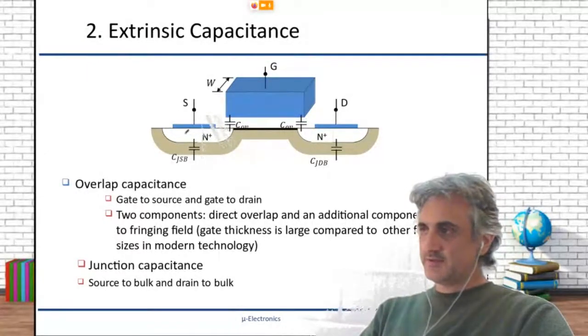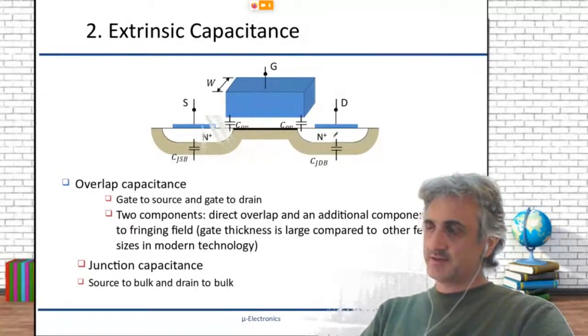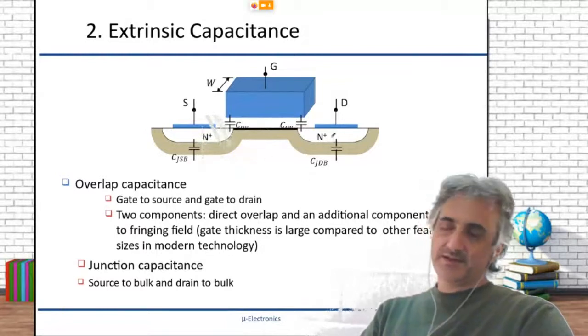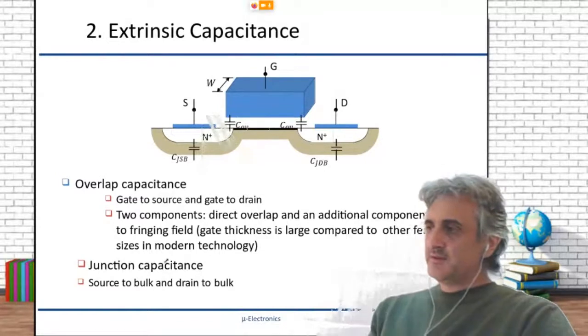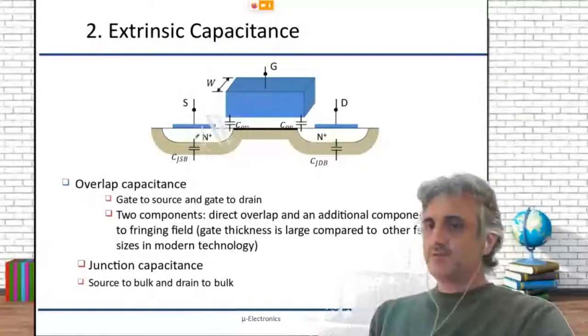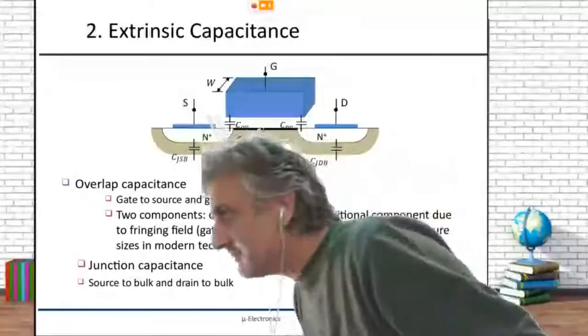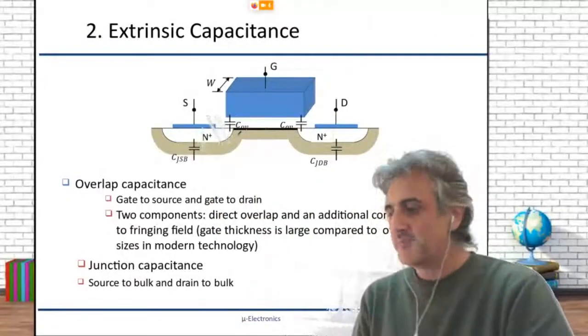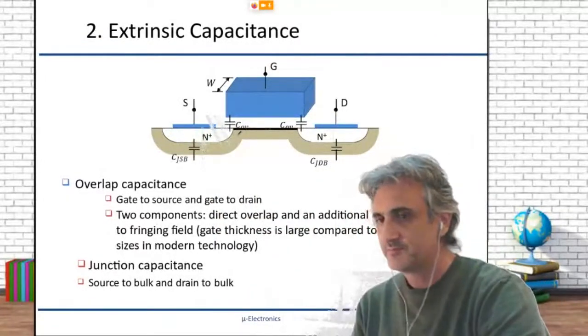Between the source and the bulk and the drain and the bulk, we have basically two diodes. They are not exactly diodes, but simply junctions. So here we have junction capacitances, which are equivalent to the capacitances of a diode.